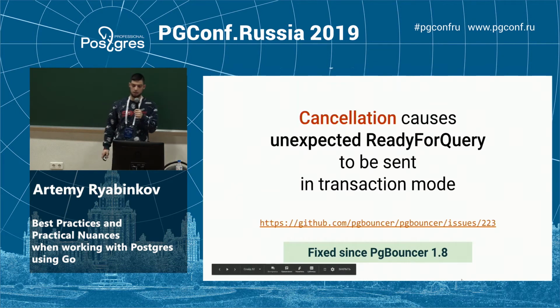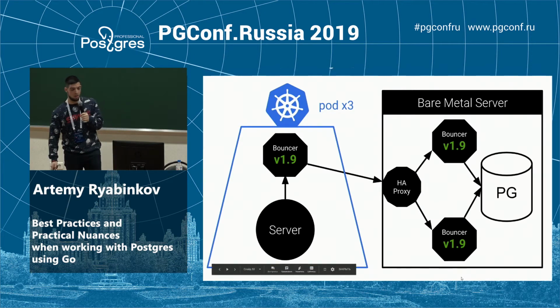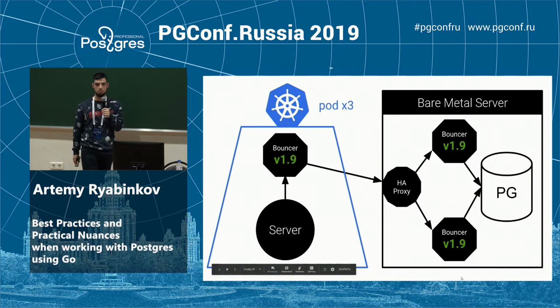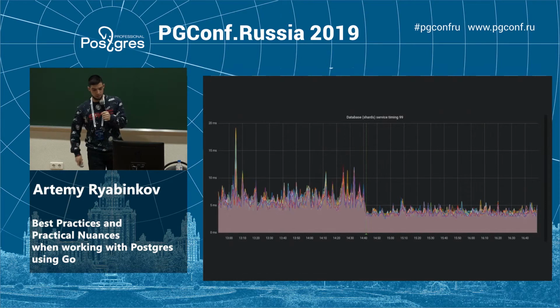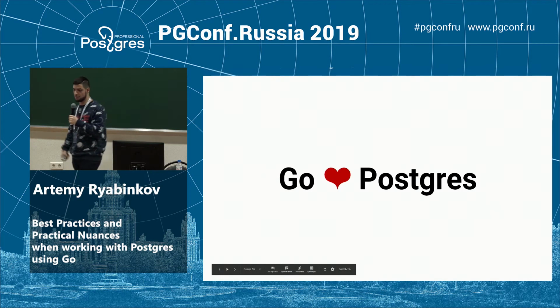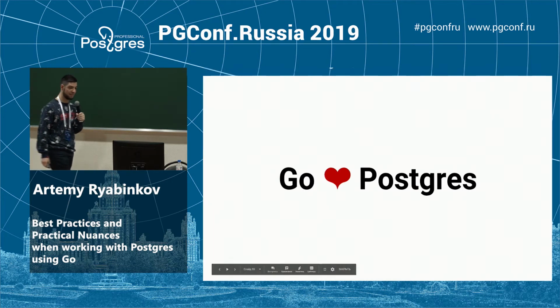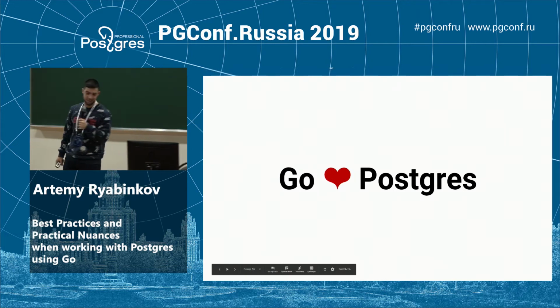At some moment they fixed this in PGBouncer 1.8, but when it became topical for us, we could download PGBouncer 1.9, so we got rid of the context override, and we have a great latency graph. The latency fell dramatically, and this is due to the fact that many queries are cancelled, and therefore I can say that Postgres is a great instrument and Go is also great, and together they are enormously great.